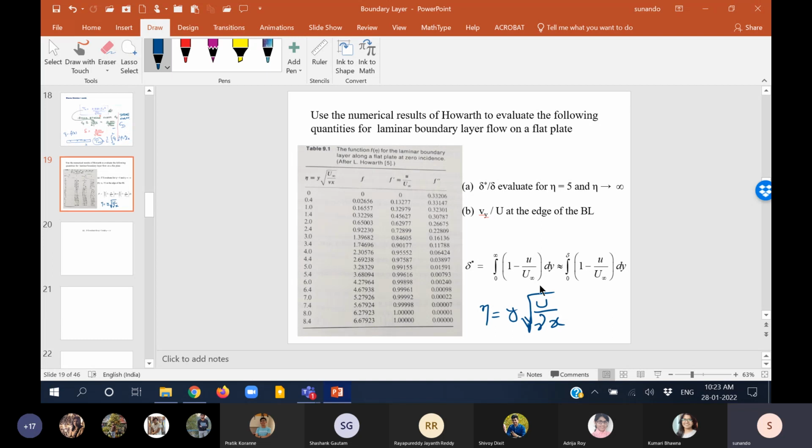So essentially, I need an expression for delta star in terms of the parameters shown in the table.